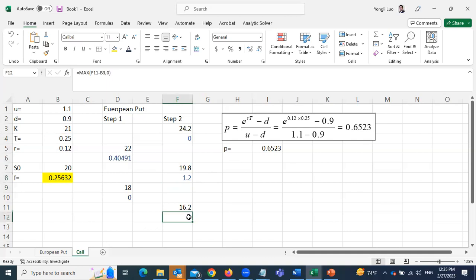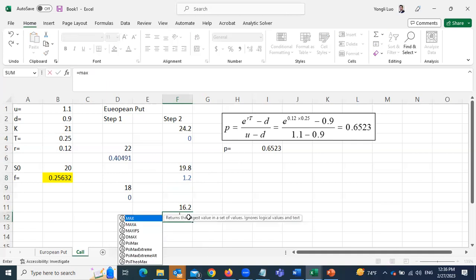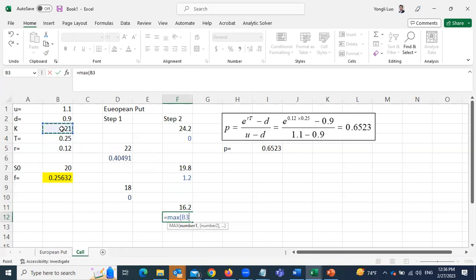And here you do a max. Okay, the strike price minus the current stock price and a comma 0. Okay, comma 0.